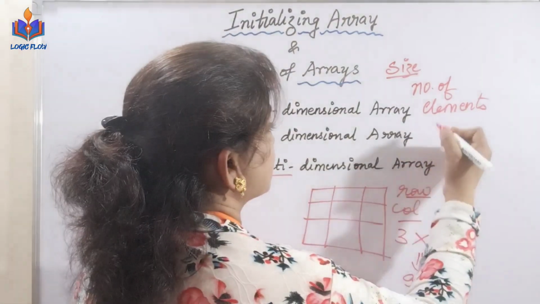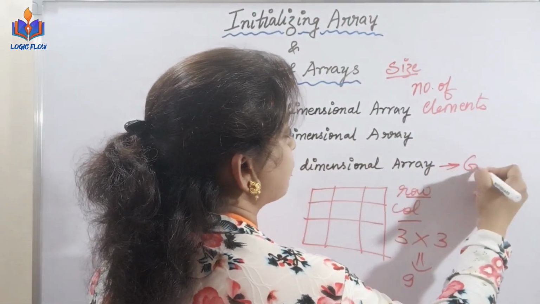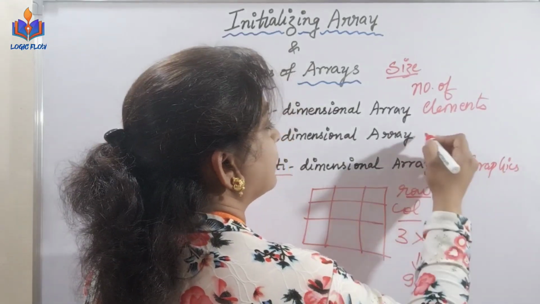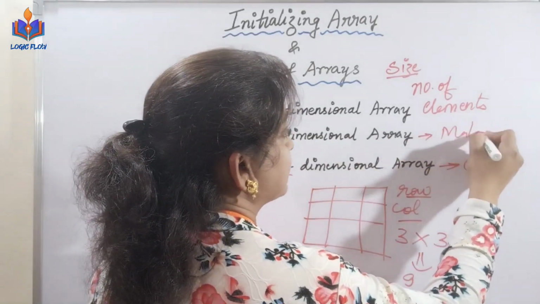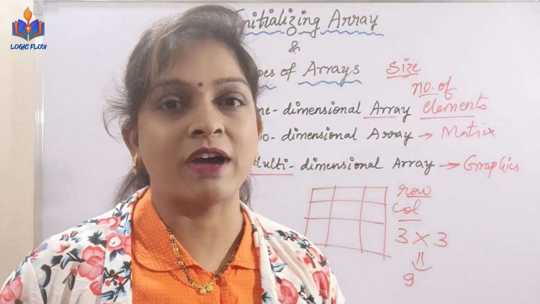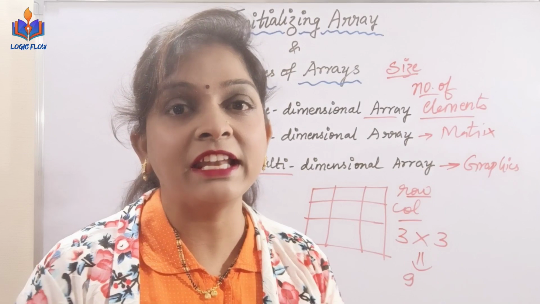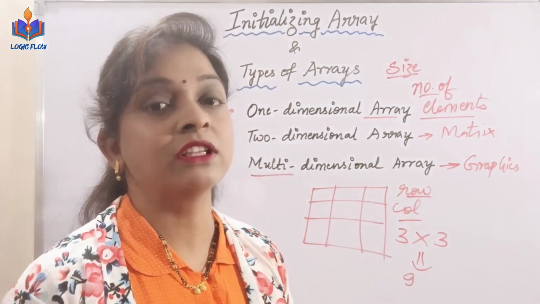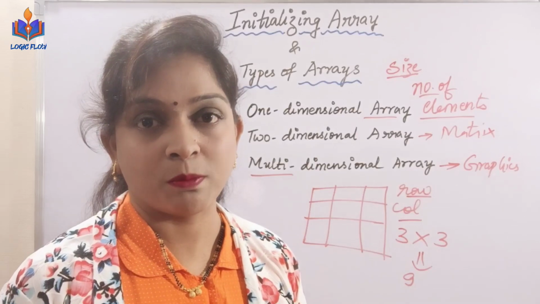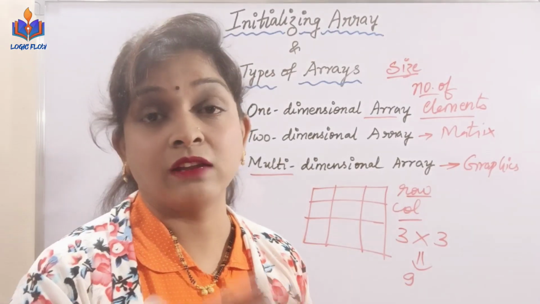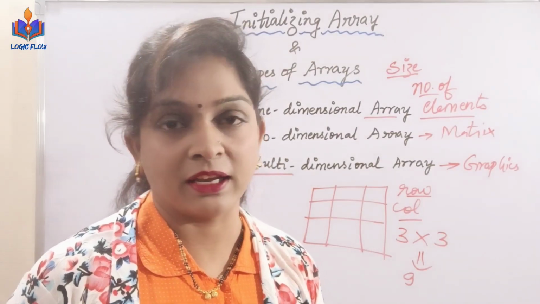Multi-dimensional is specially used for graphic objects, the two-dimensional is for matrix, and the one-dimensional is for normal sets of values. When I want to store data in a linear format, I go with 1D. If I want to store a matrix, I go with 2D. If I want to deal with graphics, I go with the multi-dimensional array.